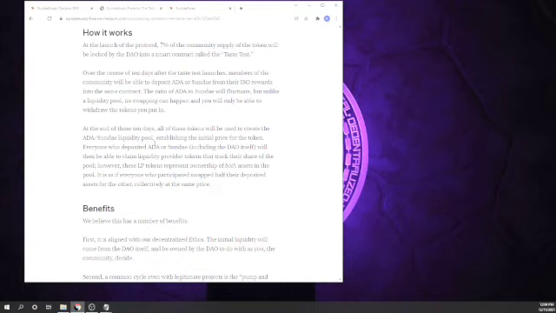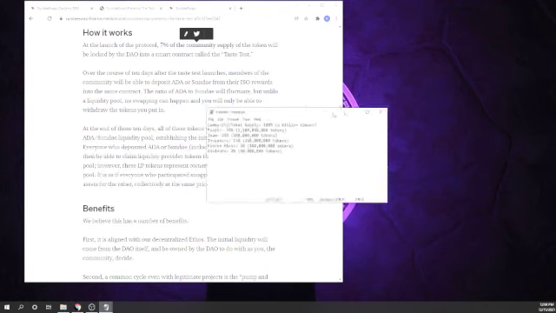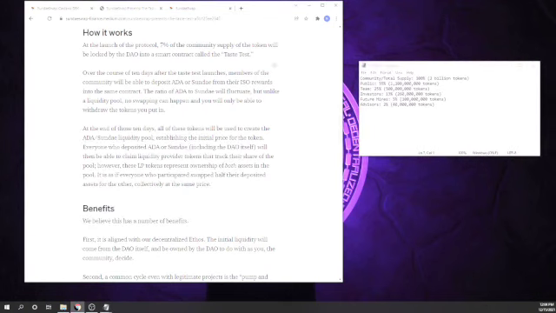Right off the bat, we see the 7% of the community supply, and I think this is a bit deceiving, the way they stated this, because what they're referring to here is the total supply of the token, which is 2 billion tokens. So community supply and total supply are the same thing. And for those of you who don't know the tokenomics, you can see the breakdown of it here.